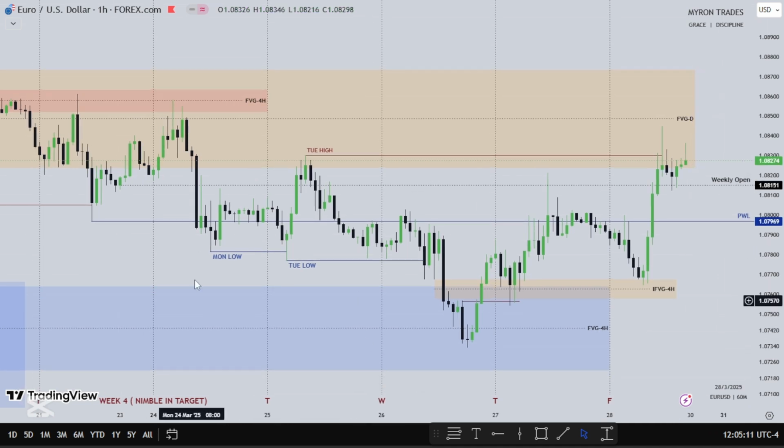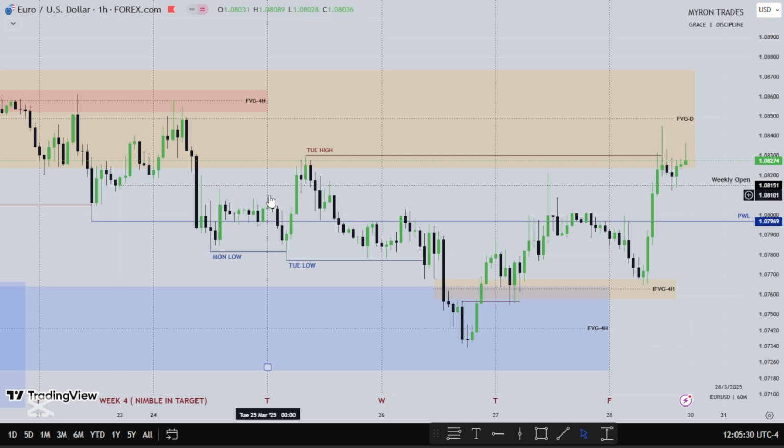So you can see what Euro did on Monday. This is Monday. Monday found resistance from the midpoint of the daily fair value gap, traded lower, taking out previous week's low. That was this blue line. You can see PWL. PWL means previous week low.